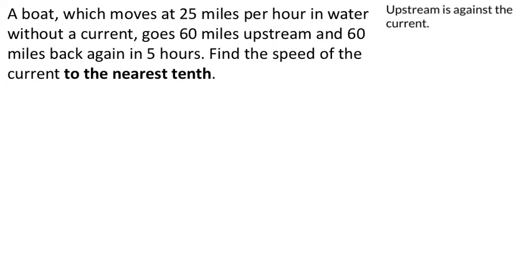And then it goes 60 miles back again. Now, if it's going upstream first, then when it goes back, it is going with the stream, the current. I think they call that downstream.